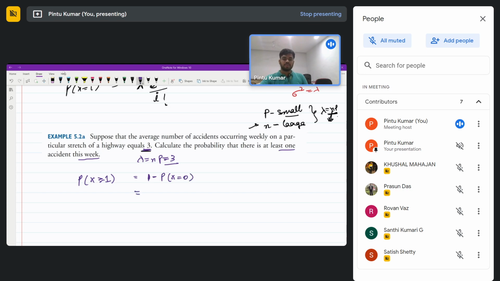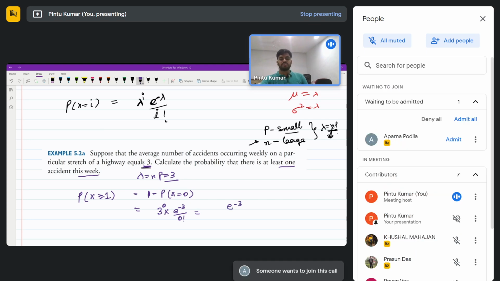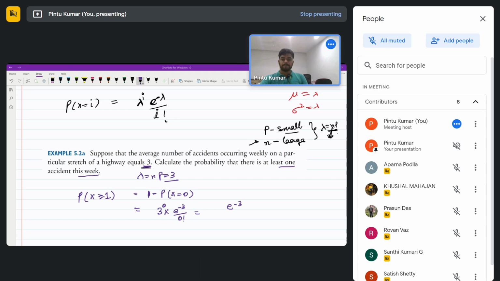So this is 3 to the power 0 into e to the power minus 3, divided by 0 factorial, which is 1. So this is nothing but e to the power minus 3. When you use Poisson distribution, you get 1 minus e to the power minus 3.